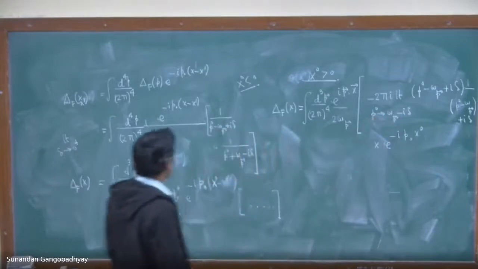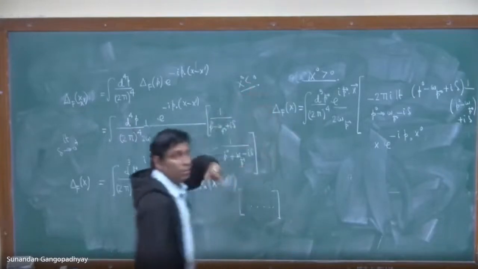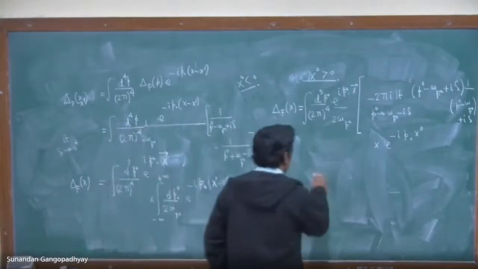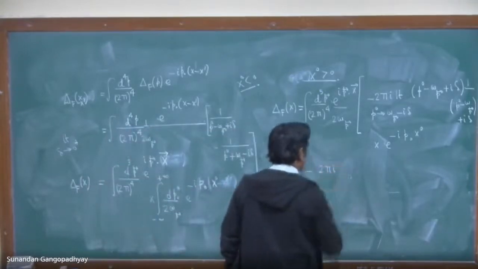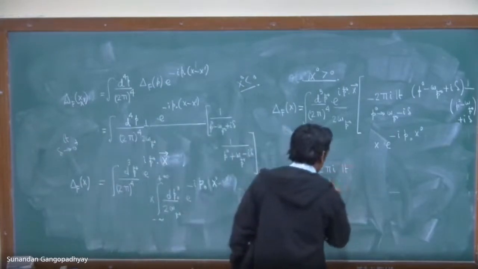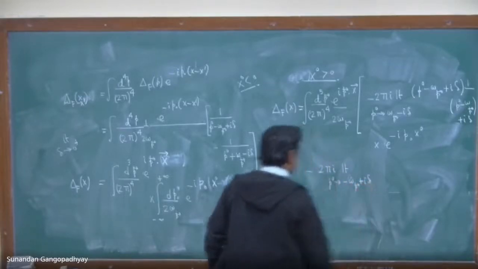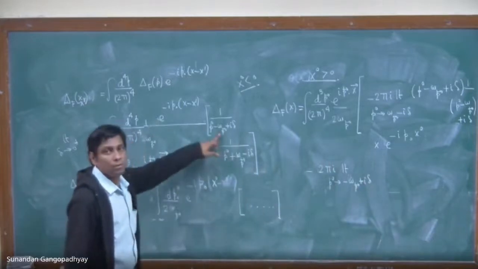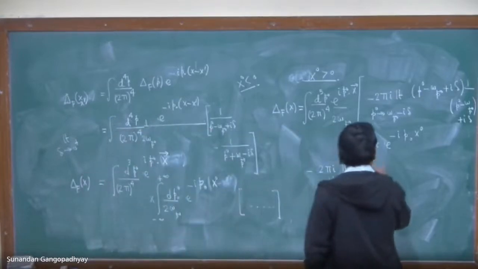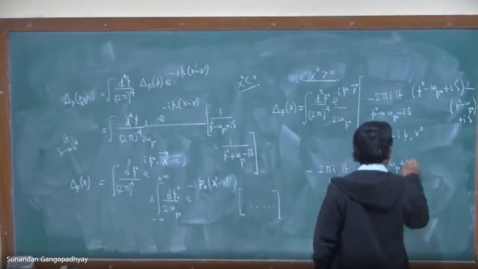And for when x0 is less than 0, we need to close in the upper half plane, and then this pole will contribute. If you close the contour in the upper half plane, we will have a 2 pi i times the limit p0 going to minus omega p plus i delta. This will not contribute because it will vanish. This will contribute.